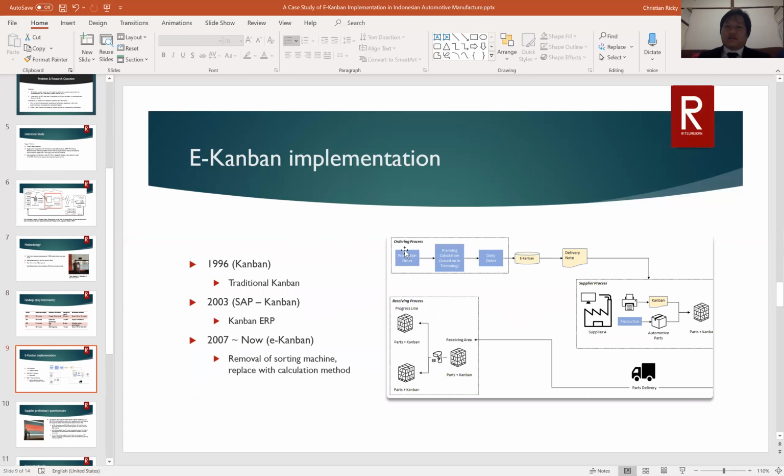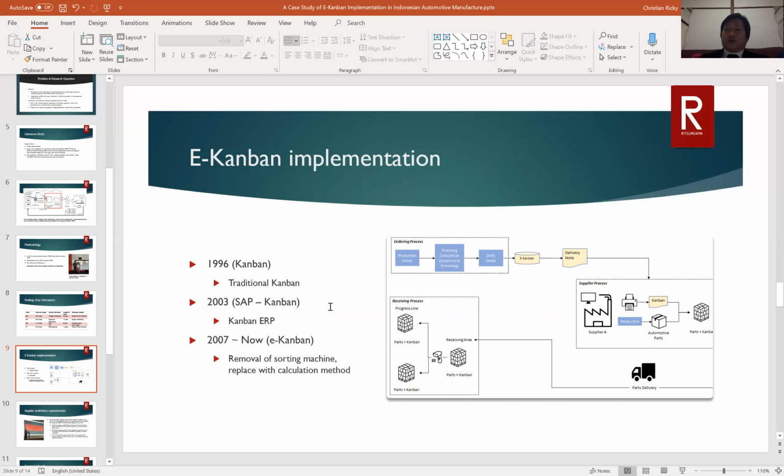At first, the purchasing manager explained that the traditional Kanban was implemented in 1996, and after that, this traditional Kanban was updated to SAP Kanban, and after the SAP Kanban, then the implementation of the E-Kanban began.